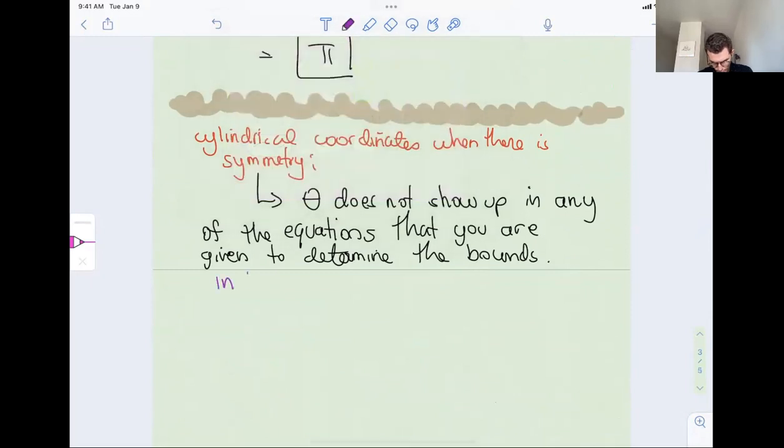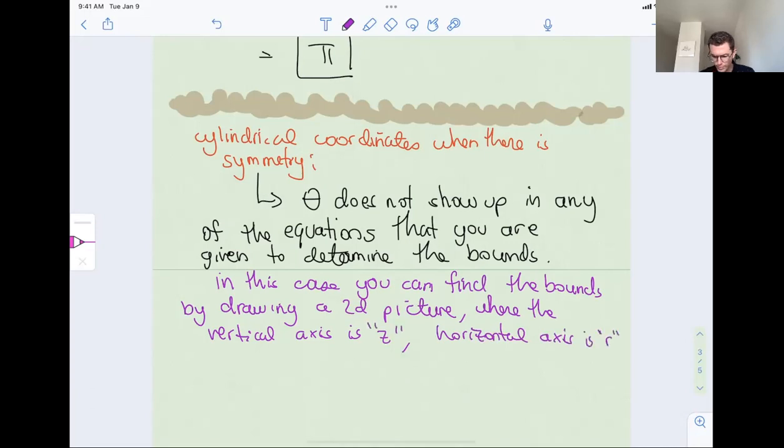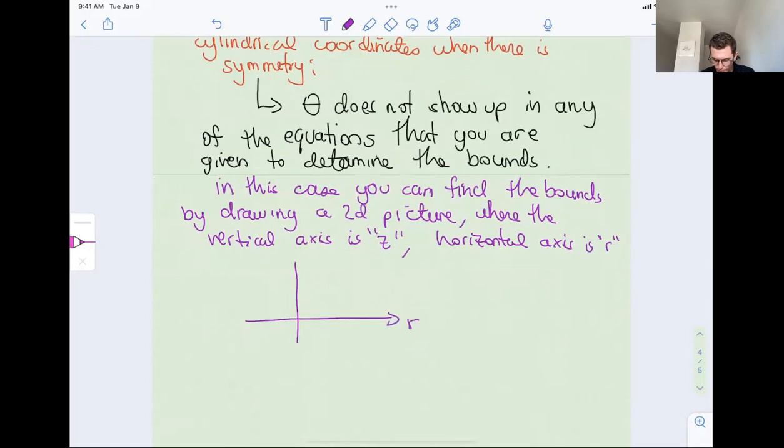In this case, you can find the bounds by drawing a 2D picture where the vertical axis is Z and the horizontal axis is R. So you can draw a picture where here you put R and here you put Z, and call this the RZ plane.